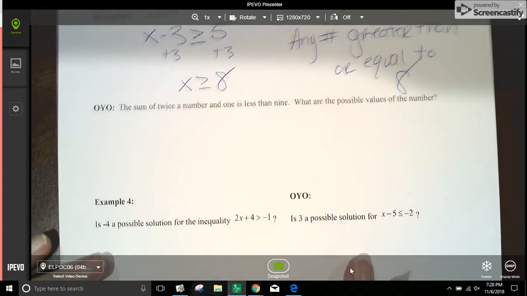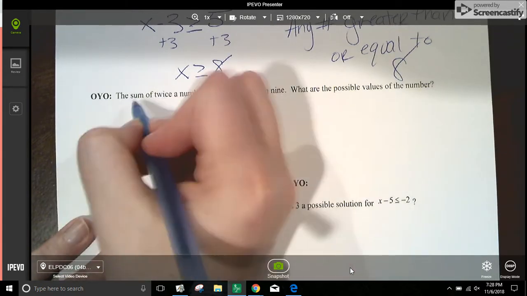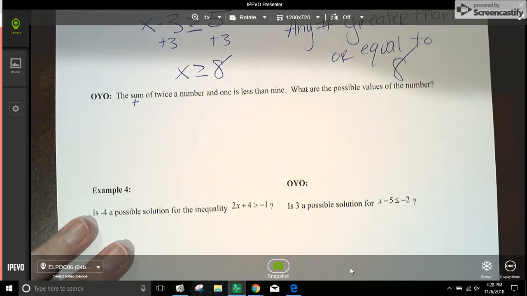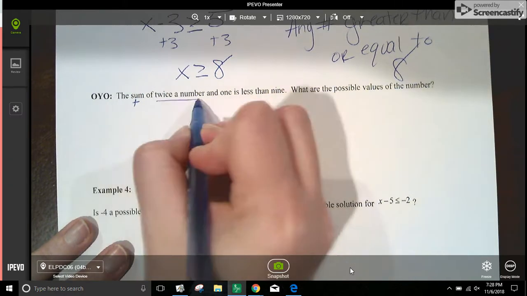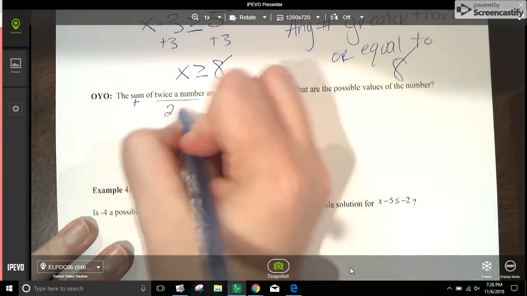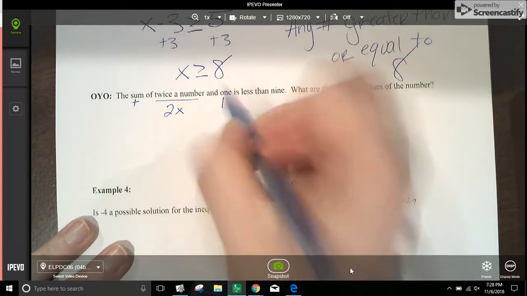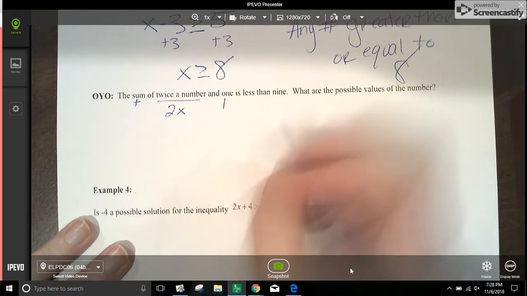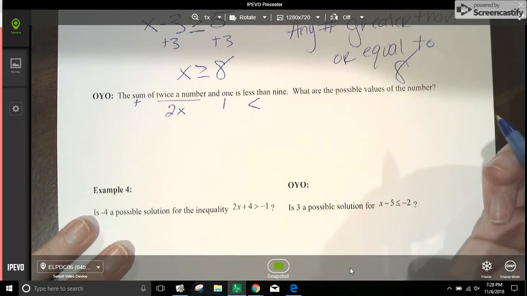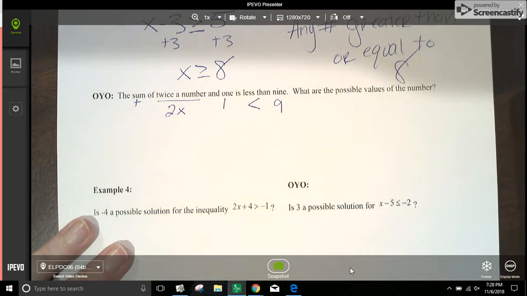So the one on your own, sum means plus. Twice a number means you're doubling a number. We don't know what the number is, just 2 times a number. And 1 is less than, so that's the less than symbol, 9.